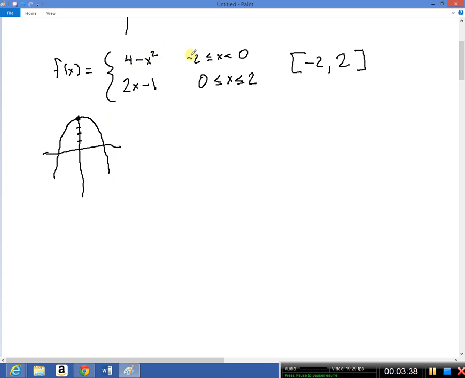Except for one thing, we're only looking at it from -2 to 0. So where's -2 on this? If you plug in x equals -2, you get 4 minus 4 is 0. So just as luck would have it, that's the point -2. So we're only looking at this part of the curve from -2 to 0 and not including this point. So let me see if I can find my eraser here.